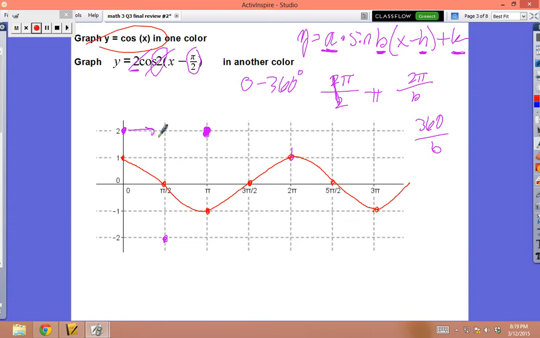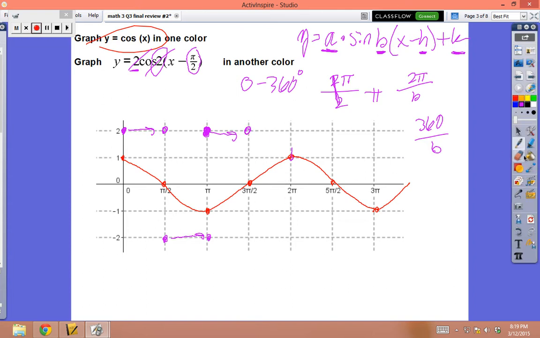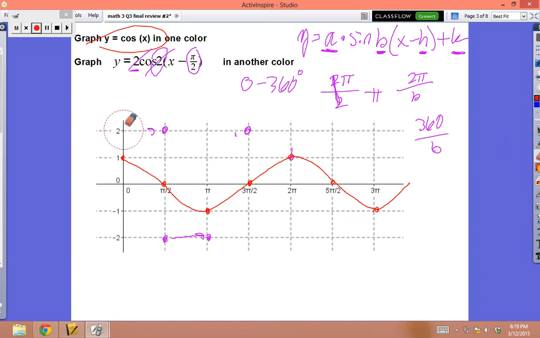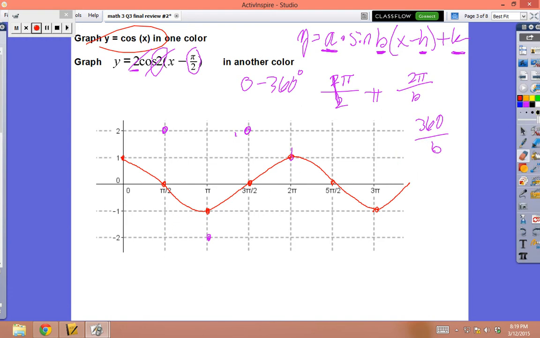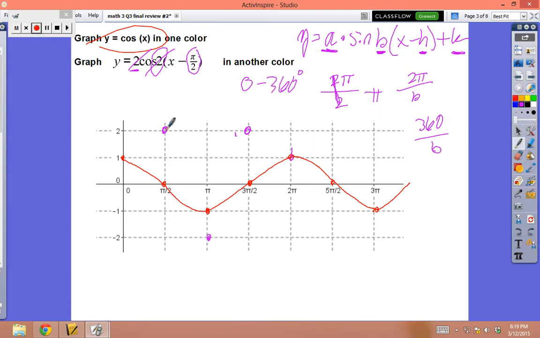So I'm going to move this dot to right here. I'm going to move this dot to right here, and I'm going to move this dot to right here. Okay, now I'm going to erase those other dots. And there we go.